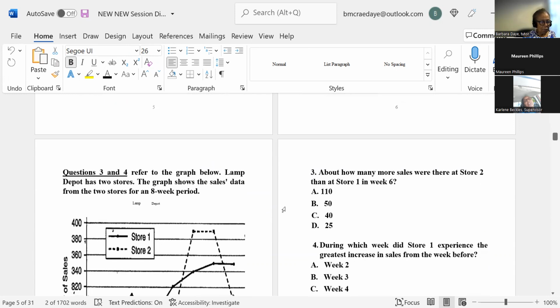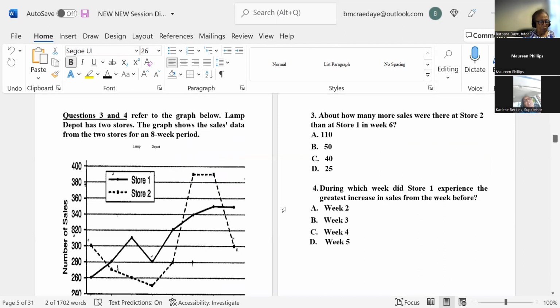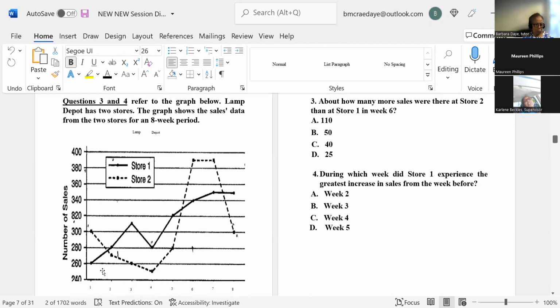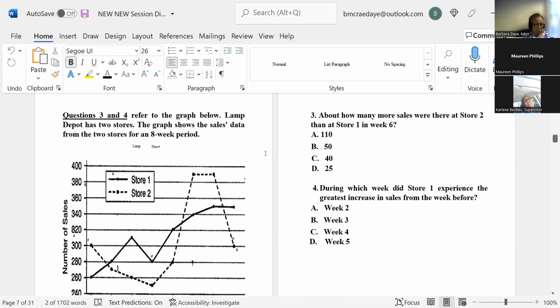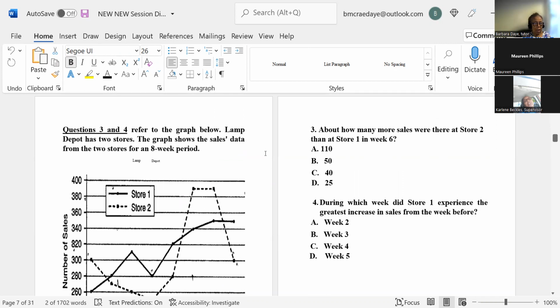Sometimes you have graphs of, say, 2 companies or 2 entities, right? In this case, it's 2 stores, all on one graph. But notice they give you a little legend here. The solid line represents store 1. The little dotted lines or dashed lines represent store 2.